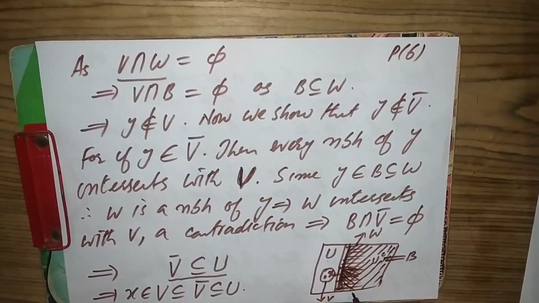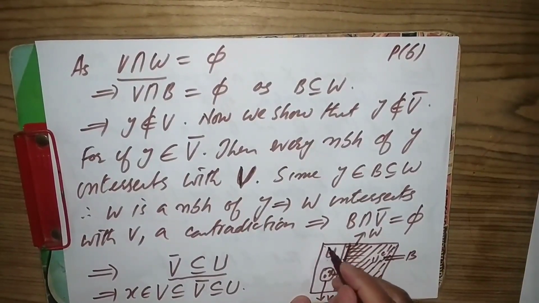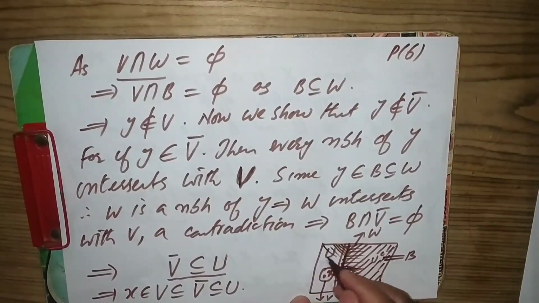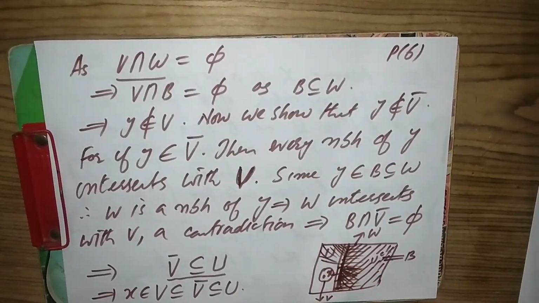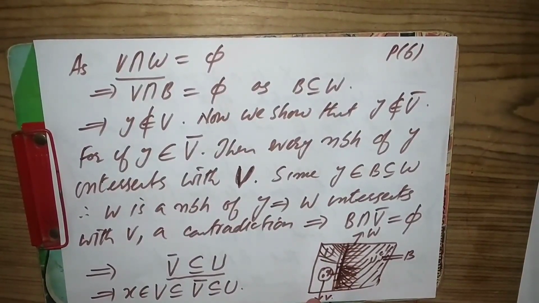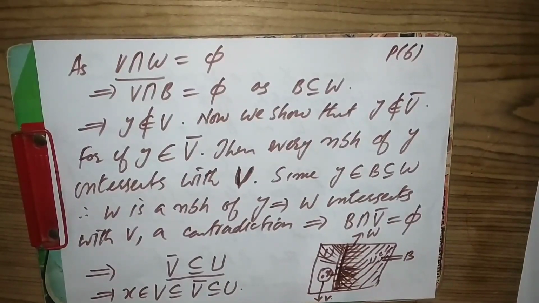So it implies that V closure must be in U, because U is this whole set. Every element of V closure should be in U, because suppose there is an element in V closure which is also in B, which is not true, because B and V closure are disjoint sets.